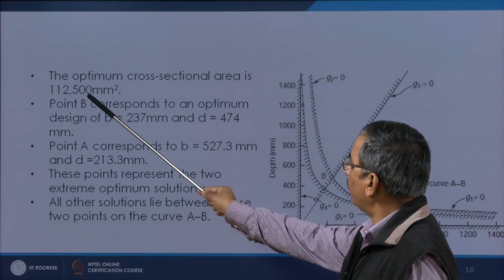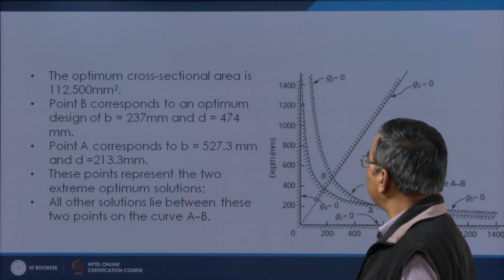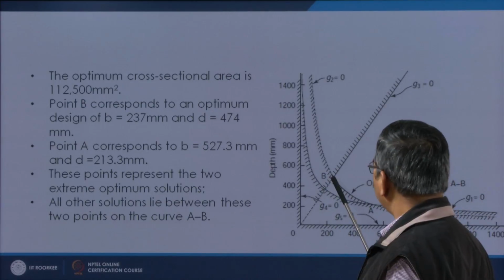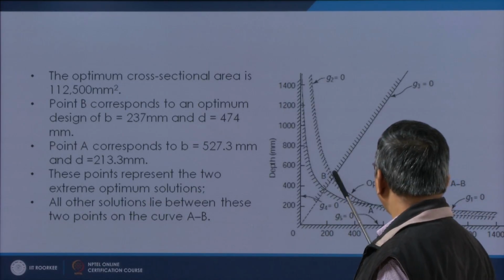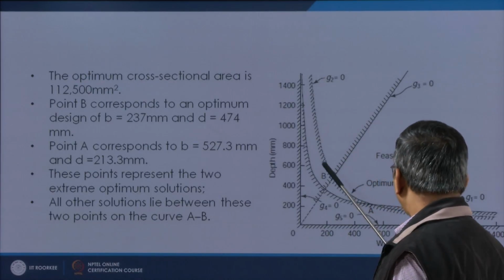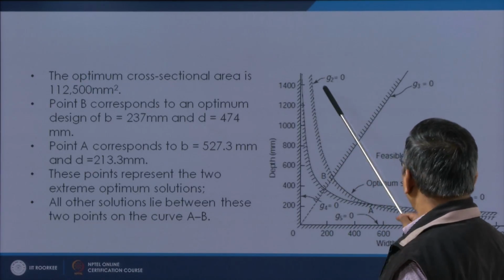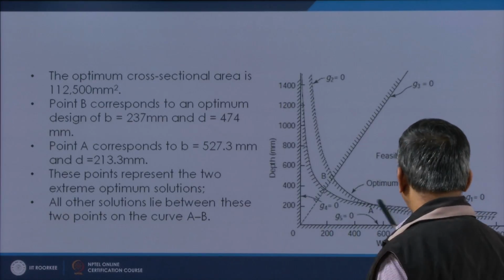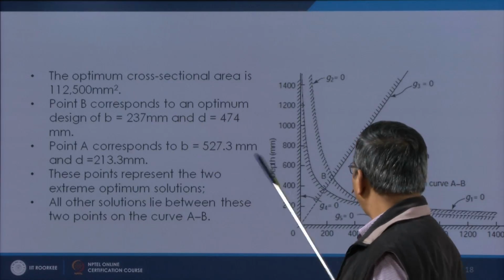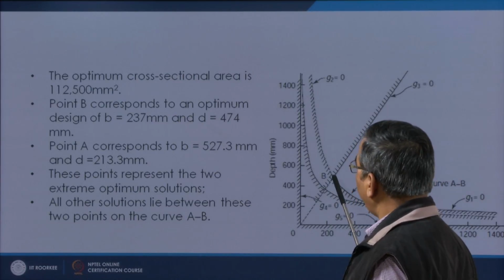This is 112,500 millimeter square, and at point B we are looking for the optimal curve. As I said, our objective function curve is going to be parallel to this G2. So, here the B value we can find out from here.